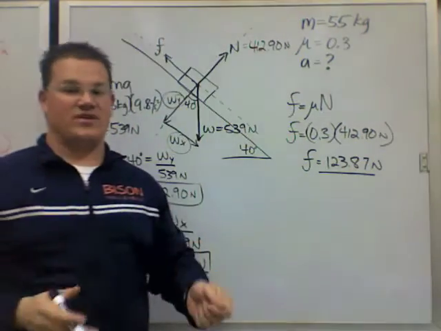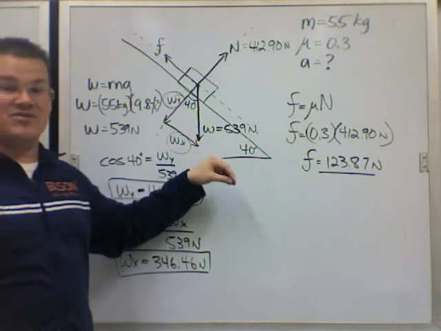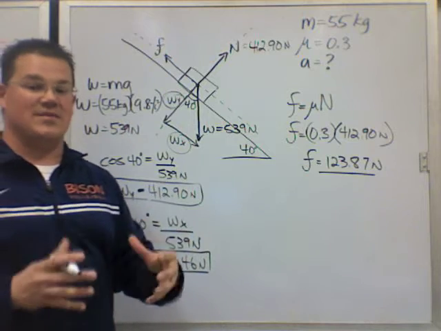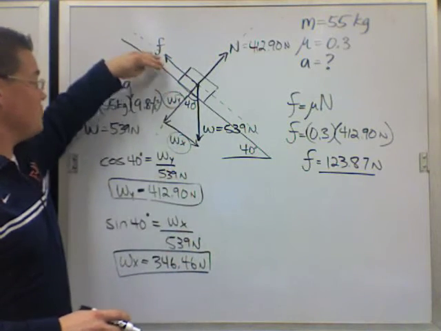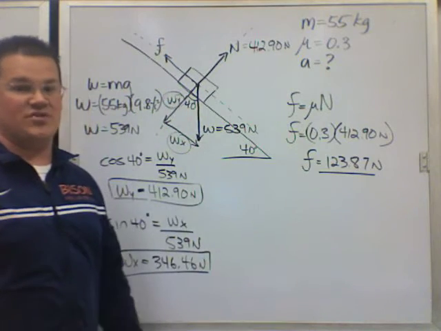So now you have friction. Now that you have friction, and you know Wx is going down the slope and friction is going up the slope, to find the net force, you're getting the sum of the forces. You're taking this friction and subtracting it from Wx in order to find out what the net force is going down the hill.